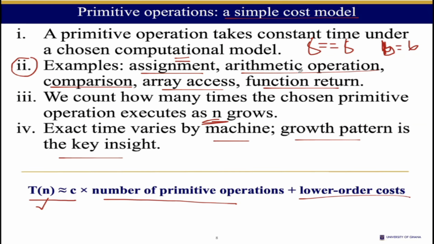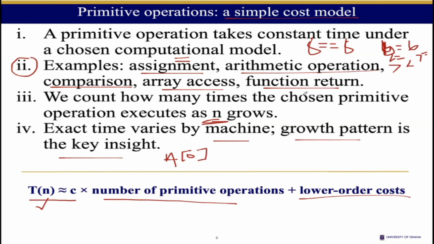Then we have the arithmetic operation. We have the comparison, so greater than, less than, greater than or equal to, less than or equal to. They are all comparisons, right? Then array access, like we did, array A at index, let's say 0. So I'm accessing the array.